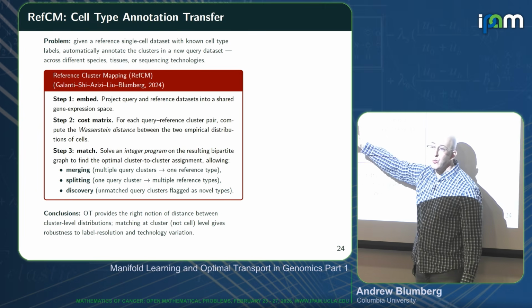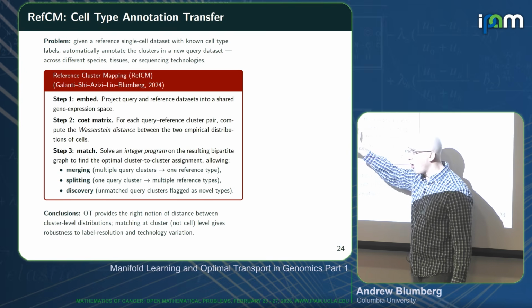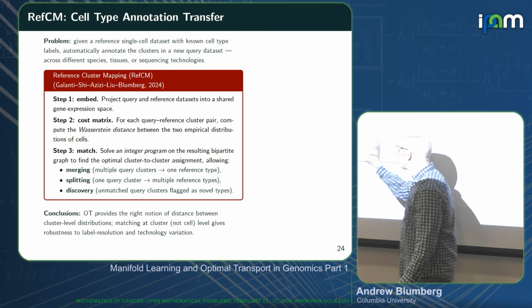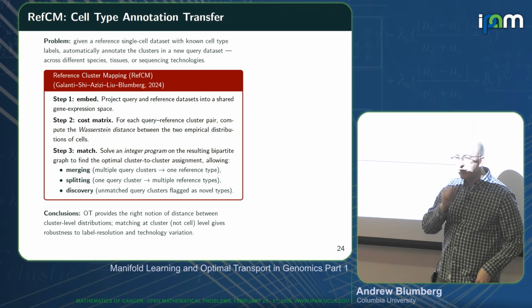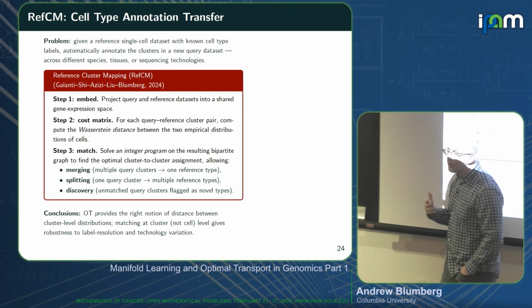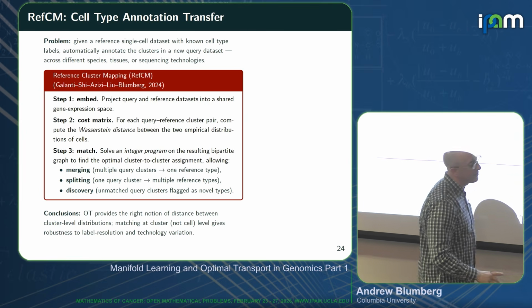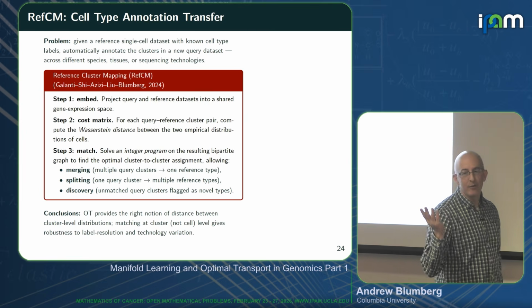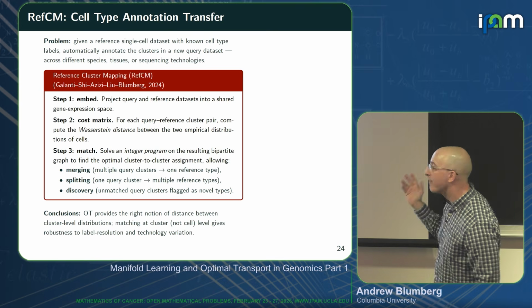This is an integer program we can solve because it turns out to be relatively small. And it turns out this is a really great way of transferring cell type information. There are lots of ways to do that, but I think this is a nice one.